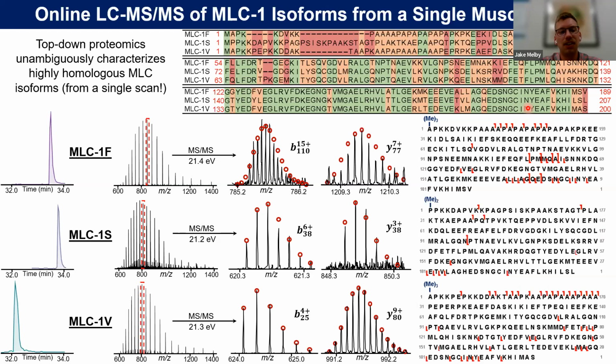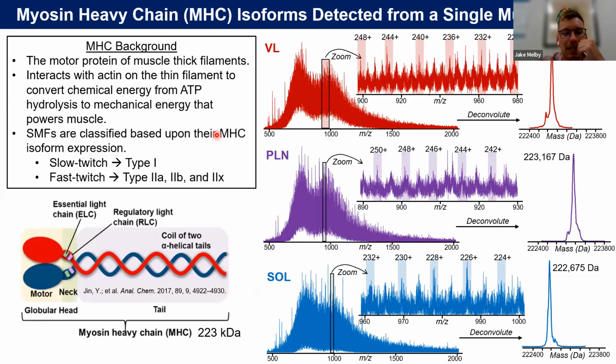So all that to say is that top-down unambiguously characterizes highly homologous MLC isoforms, and this is all from a single MSMS scan. I could go back and average some of these scans to get even higher sequence coverage, but I think it's powerful just from a single scan to say that we have all this information.